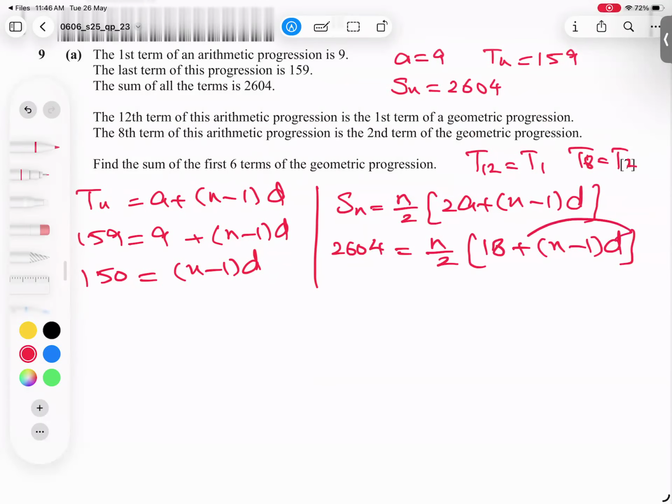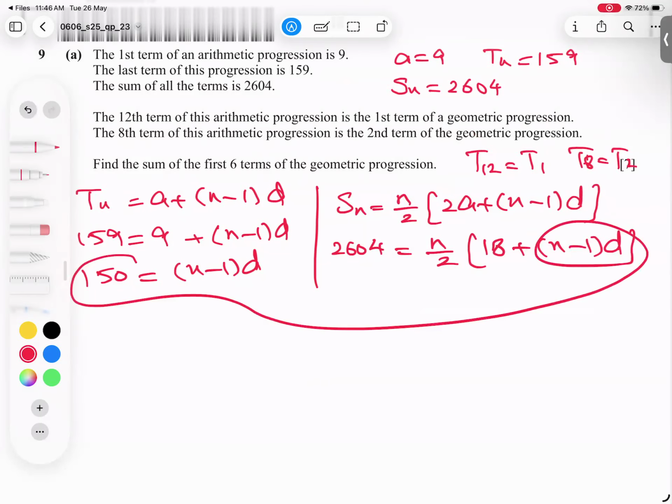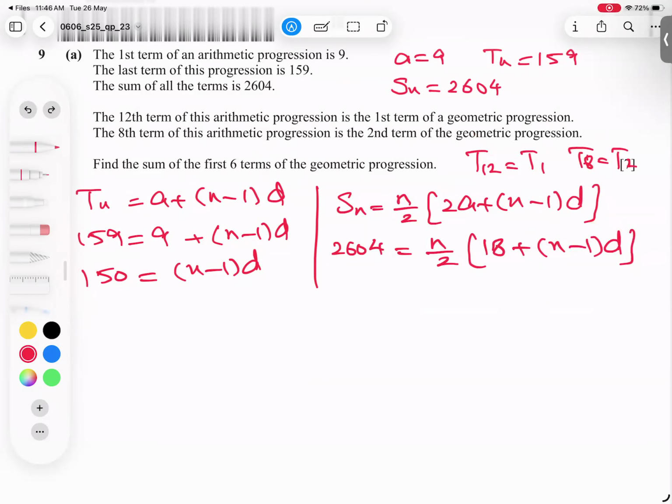You can see this n minus 1 into d matches, so I can plug in 150 here. 2604 multiplied by 2, I get 5208. And here 18 plus 150.